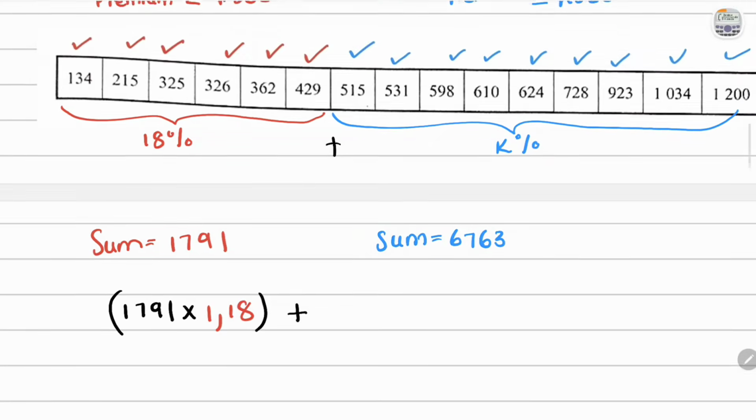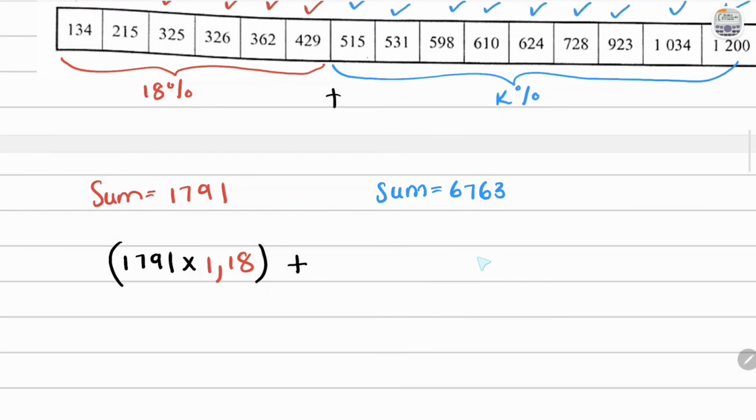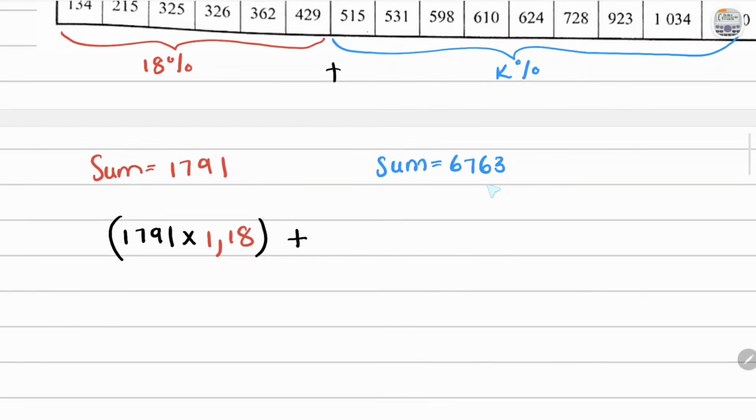So with this one, because it's increasing by a variable, I'll be careful. Instead of saying times 1.k%, because I don't know what k is, here is how we can do this. We can work with this one the way we would increase something gradually. So we're going to put down the sum of the amounts, which is 6763, and then account for the increase that's going to happen. So it's this amount and then 6763 multiplied by whatever increase that is, which is k%.